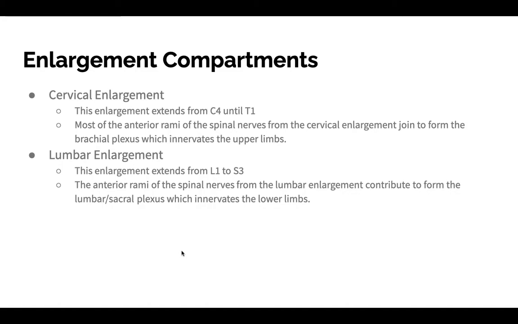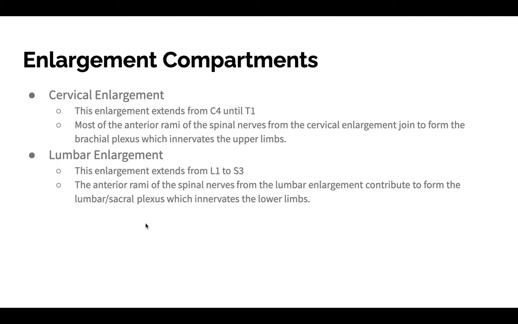Next, we have our enlargement compartments. The first one we have is the cervical enlargement. This is an enlargement that extends from C4 all the way into T1. And then most of the anterior rami of the spinal nerves from this enlargement join together to form the brachial plexus, which also innervates our upper limbs.